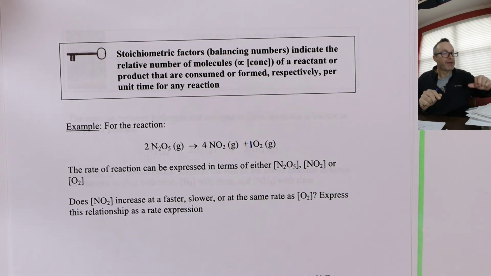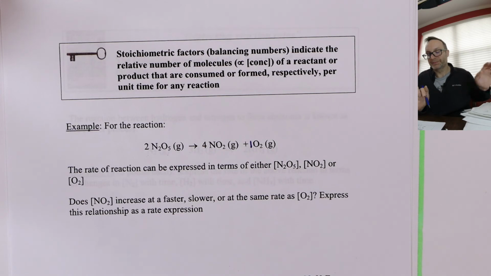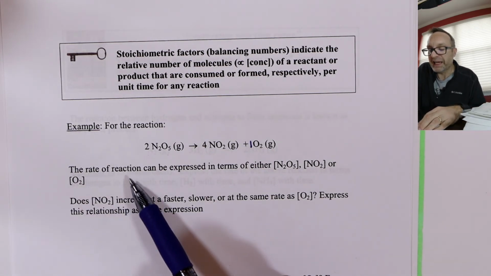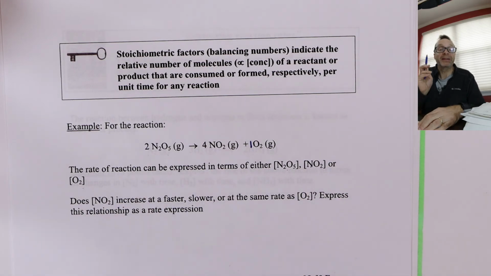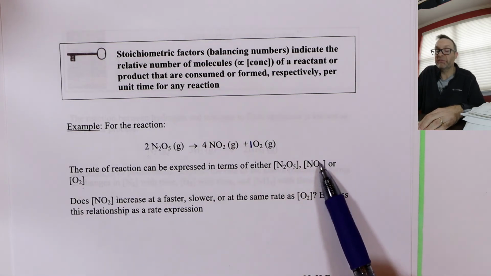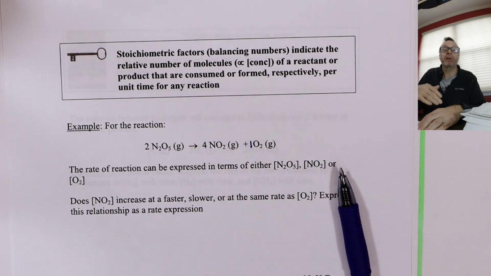First things first, the rate of reaction can be expressed in terms of either this, this, or this. In a lab, we'd probably figure out the rate, a number of moles per liter per second, of this one, so we'd probably compare to that.